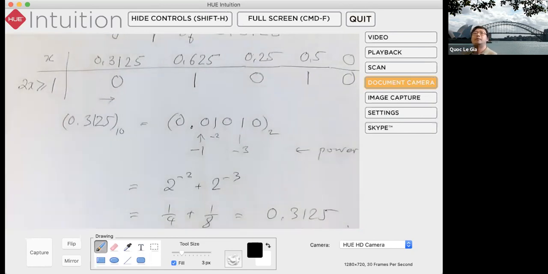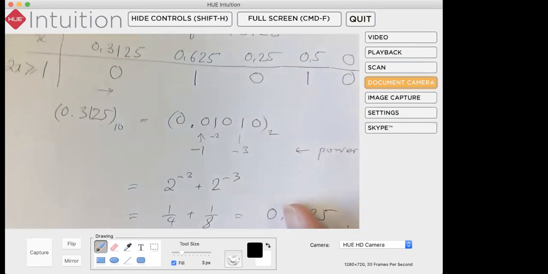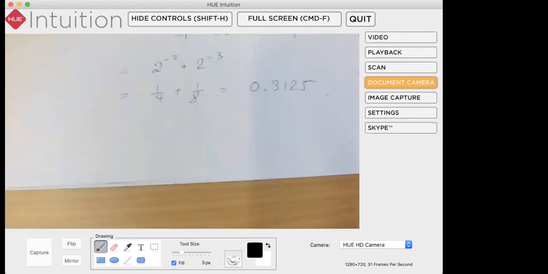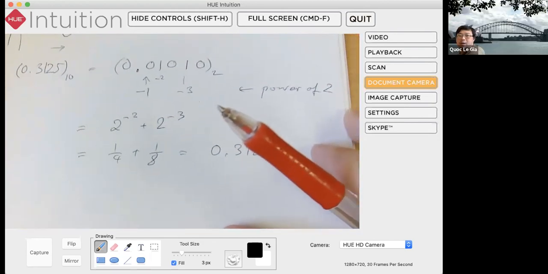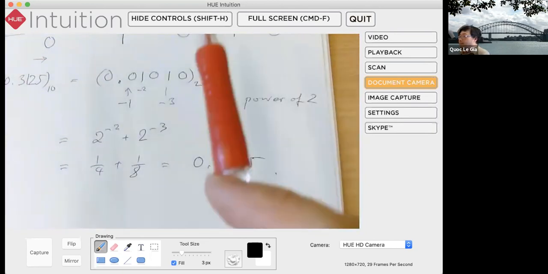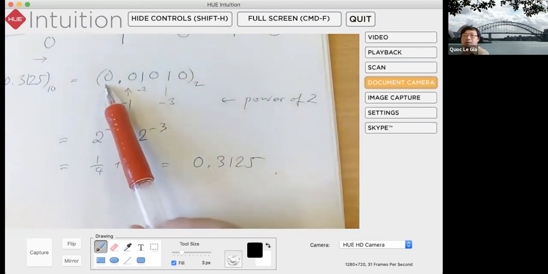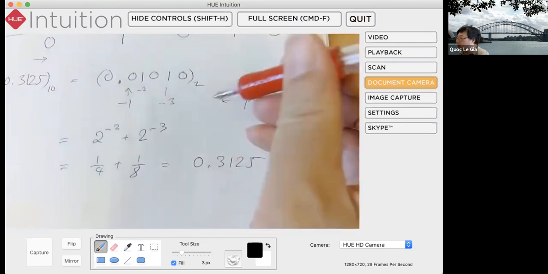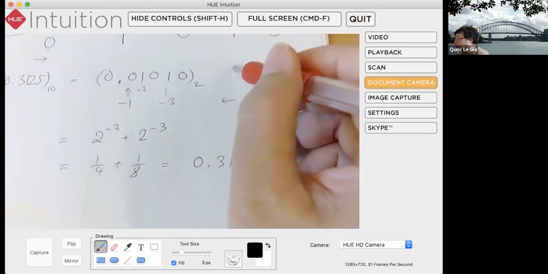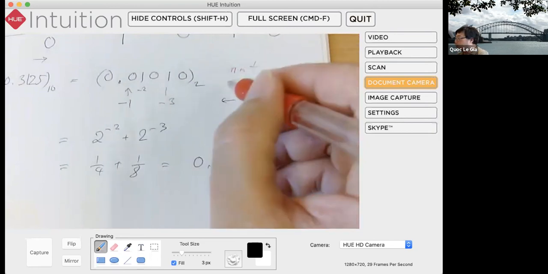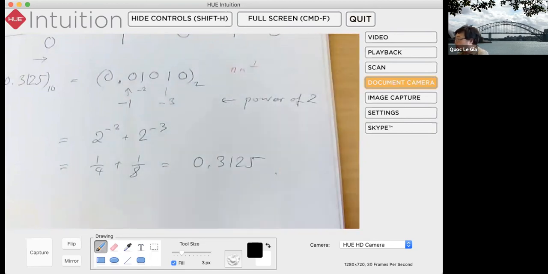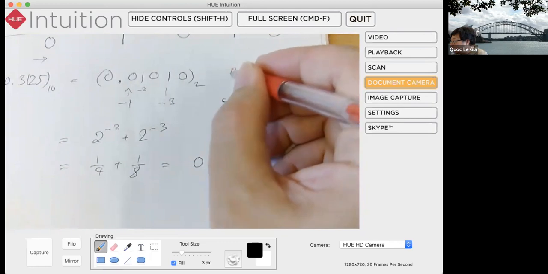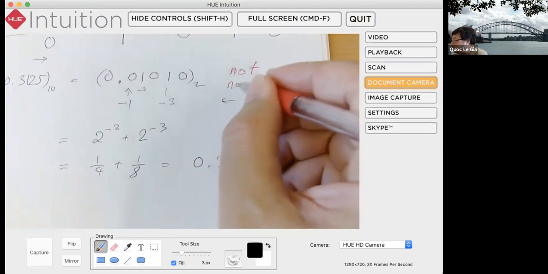So now if you look at this number, yeah, the first digit is not equal to 1. So this is the first digit, yeah. So this one is not normalized.